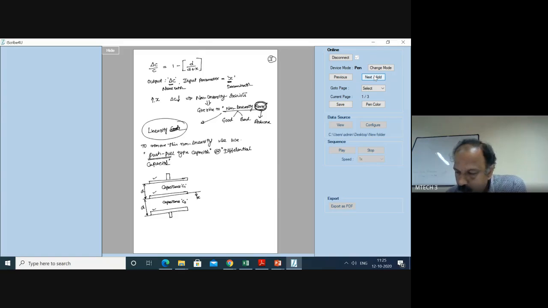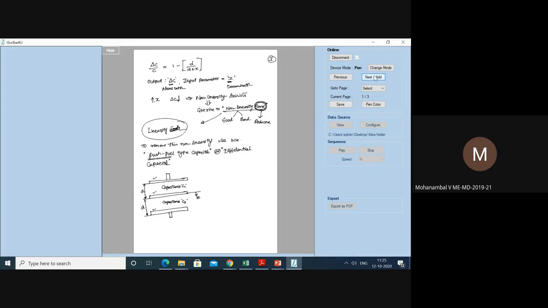Are you pulling the capacitor plate, or are you pushing the middle one? Pull, sir.